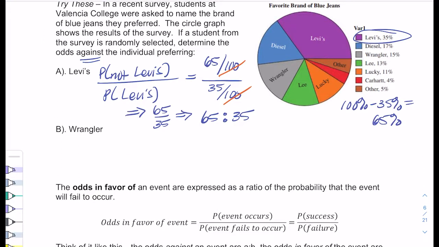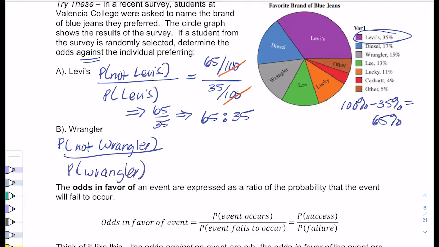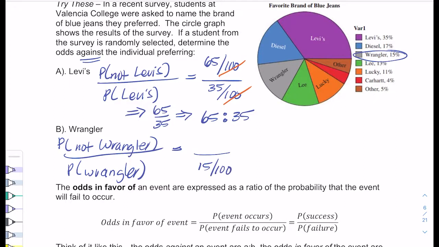The odds against an individual preferring Wrangler: again, it's the probability of someone not preferring Wrangler over the probability that they do. So first thing I'm going to look at here is how many prefer Wrangler. I see 15%. So my denominator is 15 out of 100. What would my numerator be?